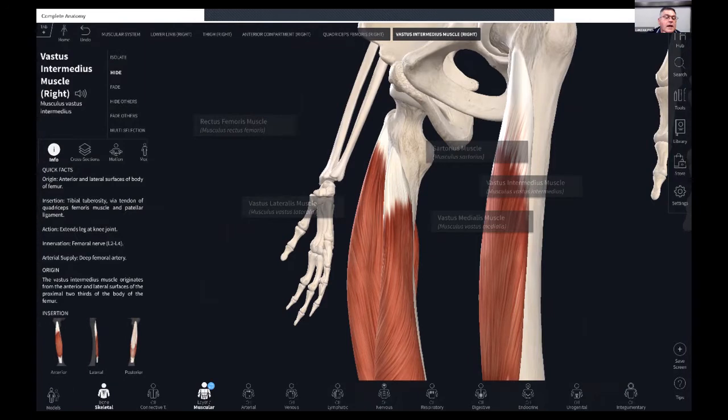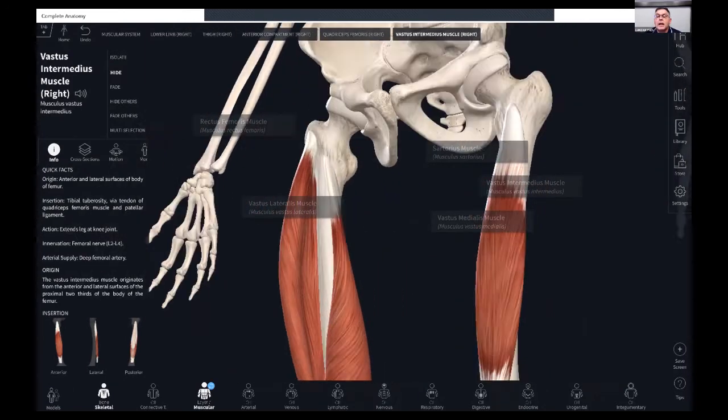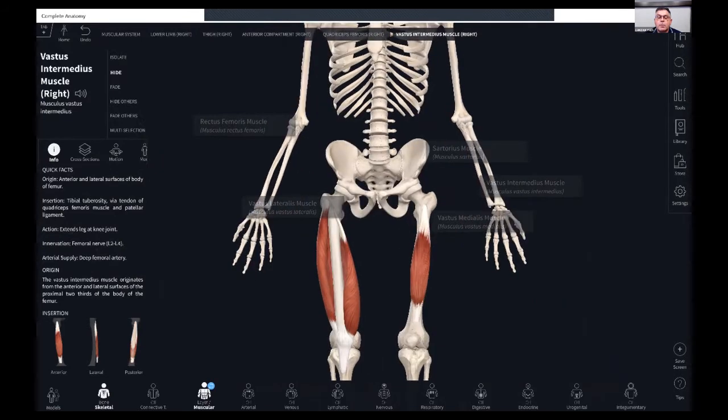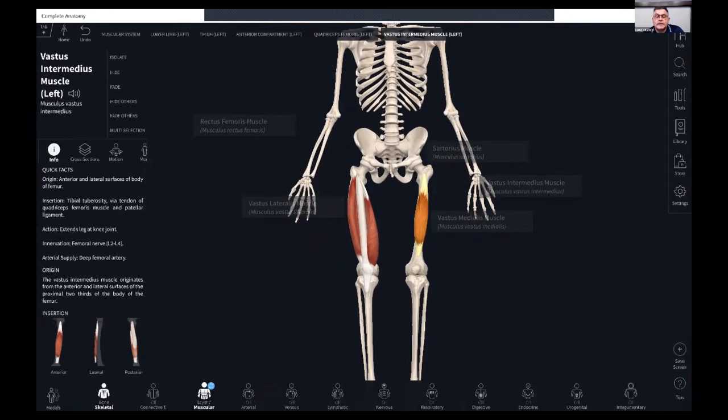Its action is extending the leg at the knee joint. Again, femoral nerve L2, 3, and 4. Lastly, but not least, we'll look at vastus intermedius. Its origin, anterior and lateral surface of the body of the femur, and it inserts again via the patellar or quadriceps tendon into the tibial tuberosity.